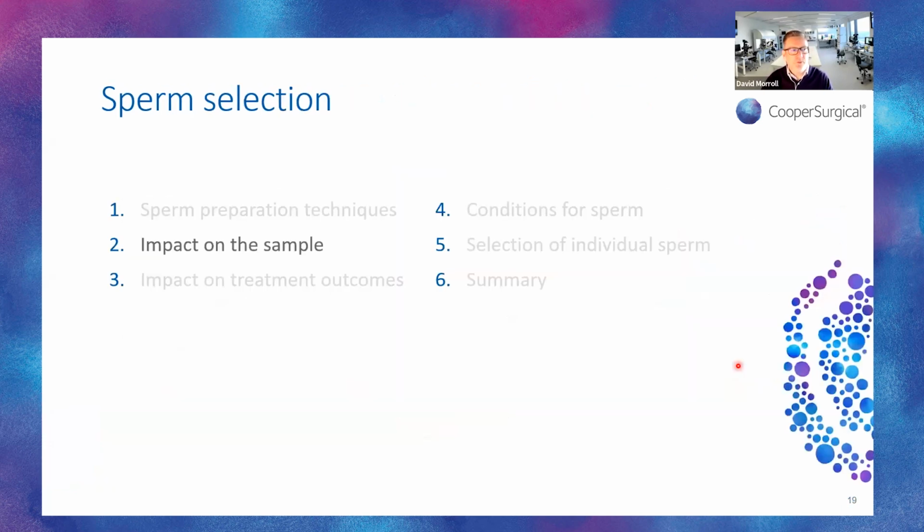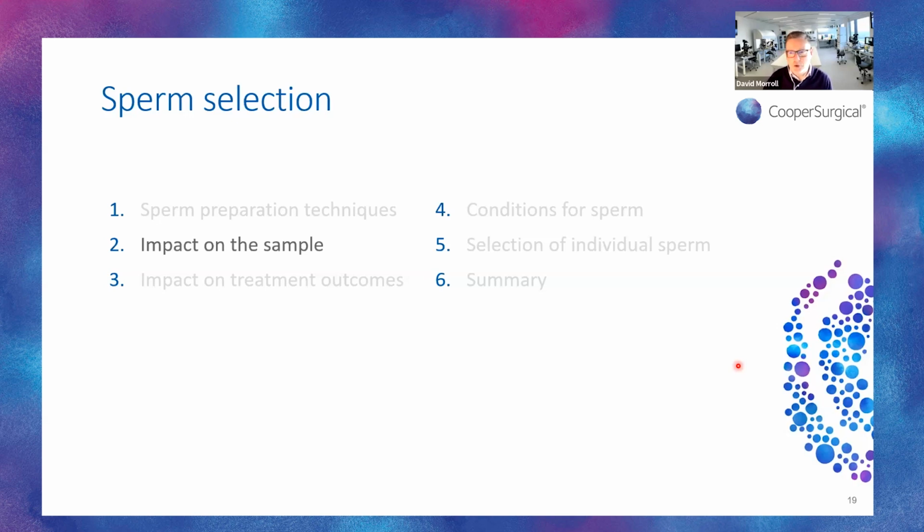What do these sperm selection techniques, sperm preparation techniques, do to the sample itself? So the absolute guiding principle of all of these techniques is that you end up with a more motile, more morphologically normal sample with better DNA integrity.